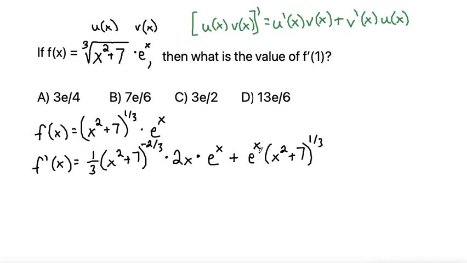Now that we've found our derivative, because we're trying to find the derivative at 1, we can go ahead and substitute 1 so that we can simplify with the number already written in.